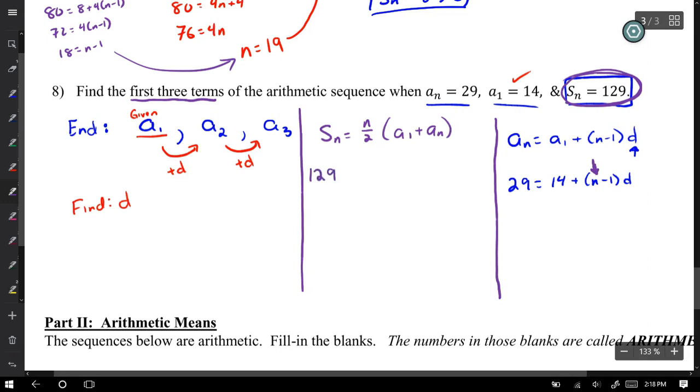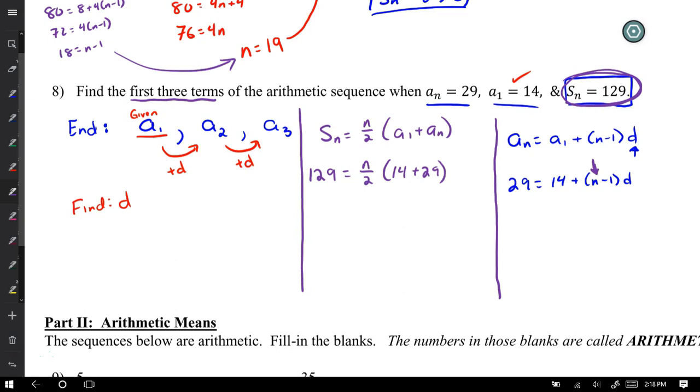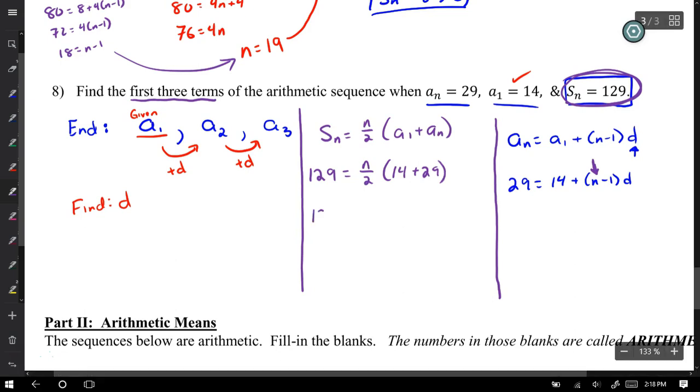S sub n is 129. I don't know n. I know a1 is 14 and a sub n is 29. So they gave me all my information, and I had to pay attention to what I knew.